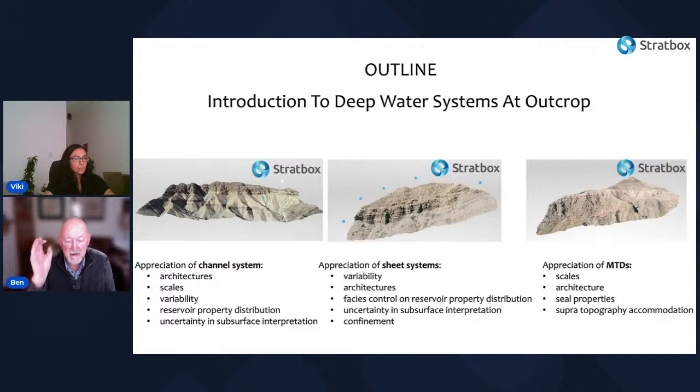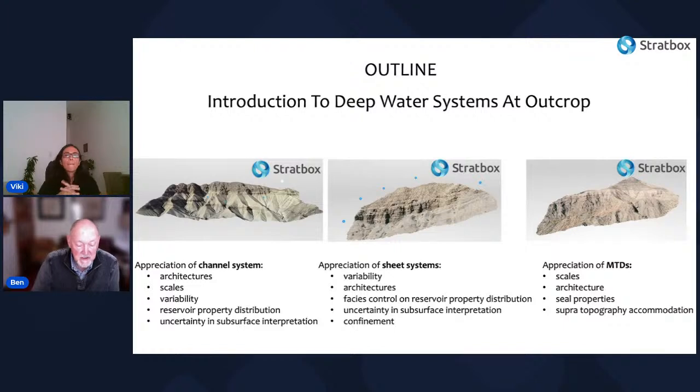So we're going to talk about the depositional architecture of ancient deepwater systems as seen at Outcrop as potential analogues for the subsurface. Now, the problem is that deepwater systems are highly variable and that each system is really only an analogue for itself. This means that we have to look at as many systems as possible in order to create a range of generic models that, though they may not accord exactly with any particular system, can act as a guide in subsurface prediction.